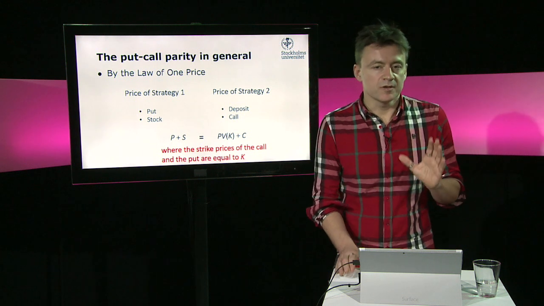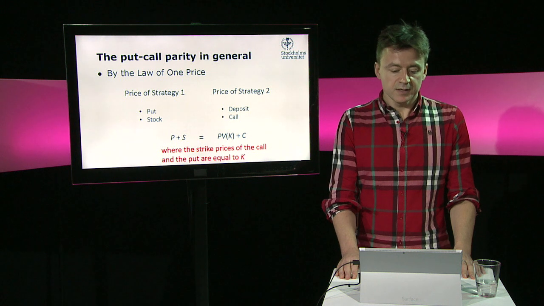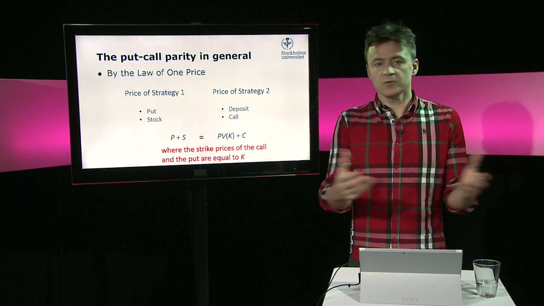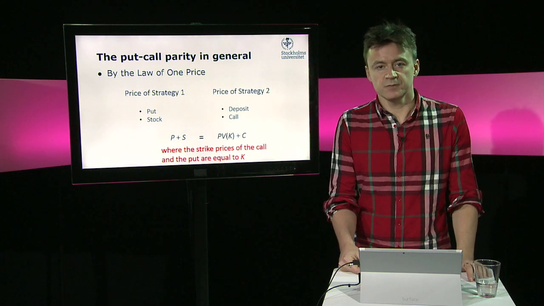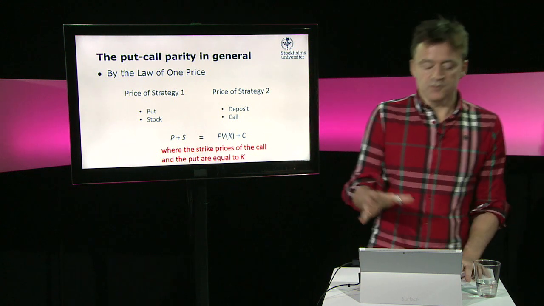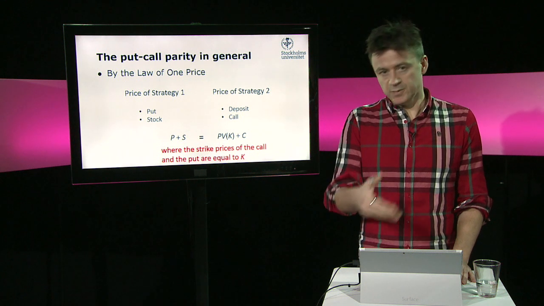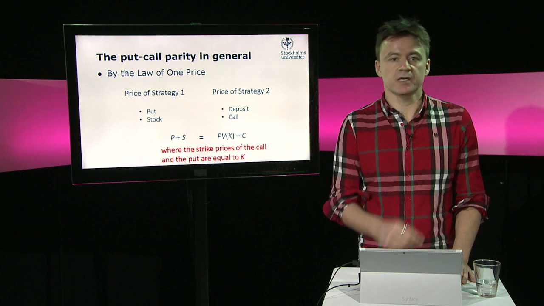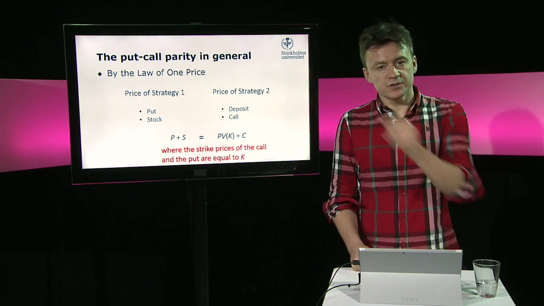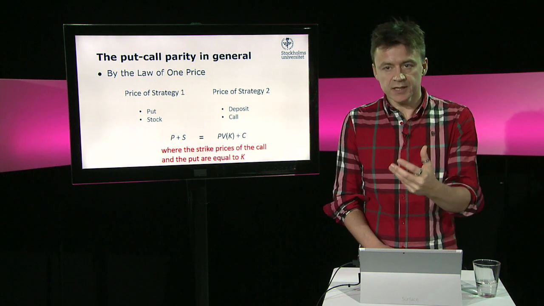So, the important point of this equality is, first, that in reality it should hold, because otherwise we would be able to find an arbitrage opportunity. And second, if we know the price, for example, of the put, and the price of the underlying at a given point in time, then we know what the price of a call with the same underlying, maturity and strike should be.